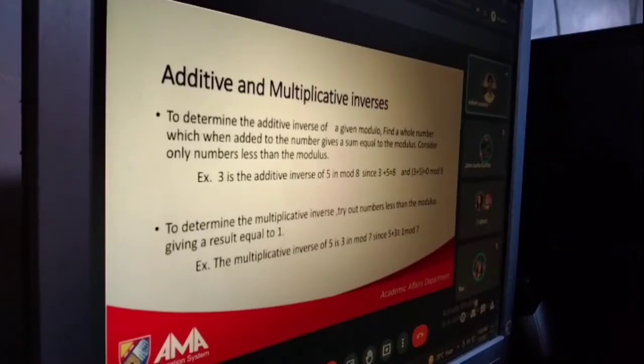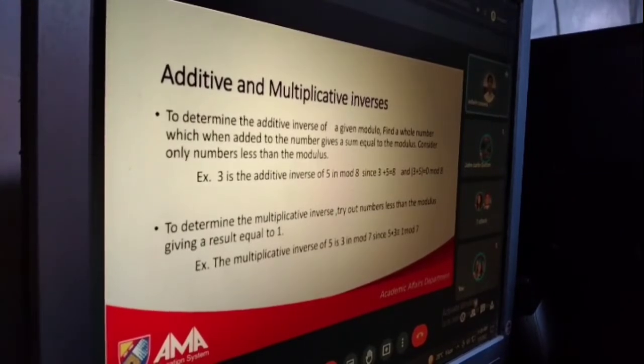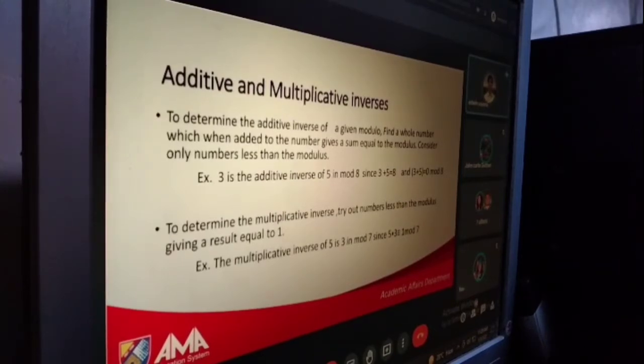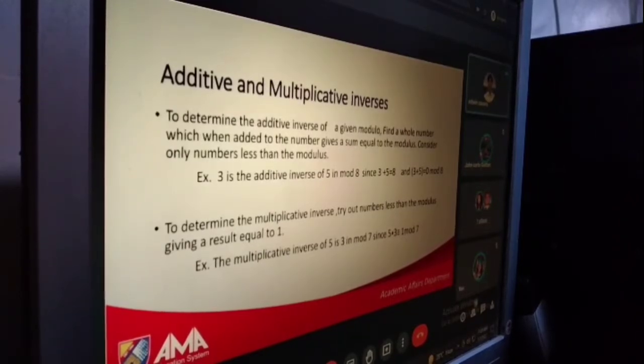For example, 3 is the additive inverse of 5 in modulus 8. Since 3 plus 5 is equal to 8, what will our congruency be? 3 plus 5 is congruent to 0 with the modulus of 8.